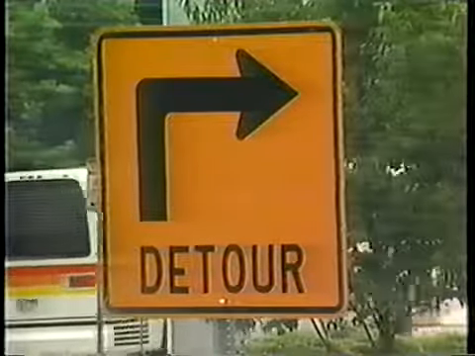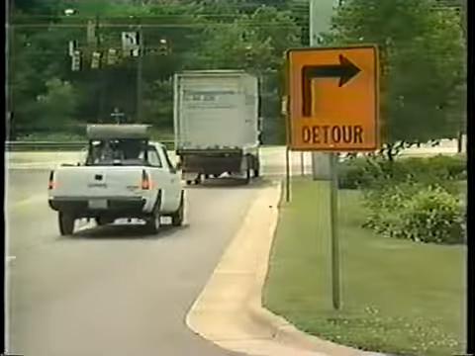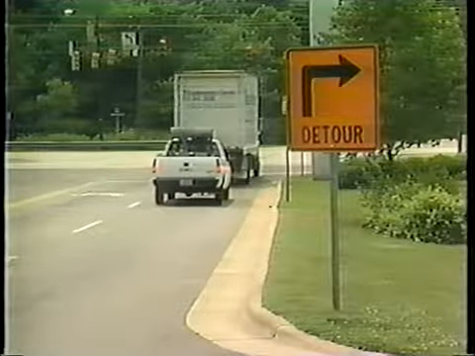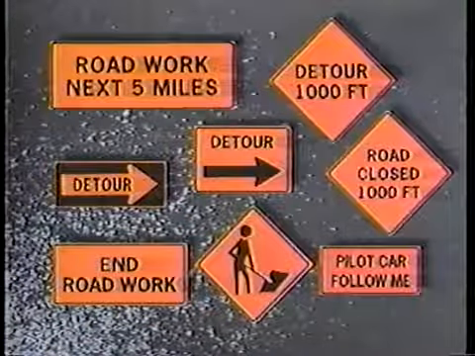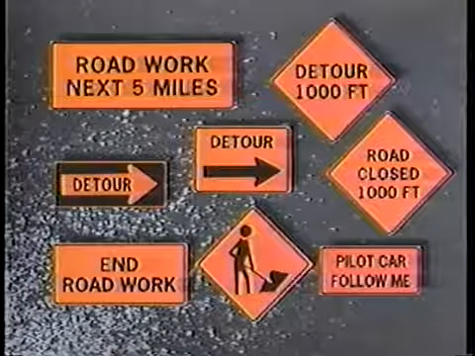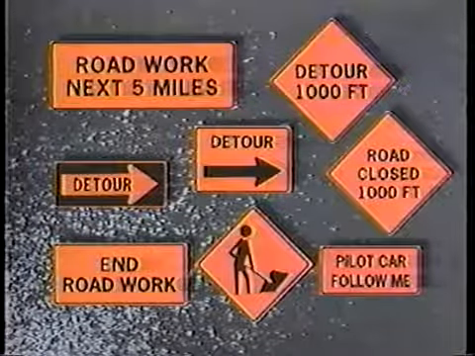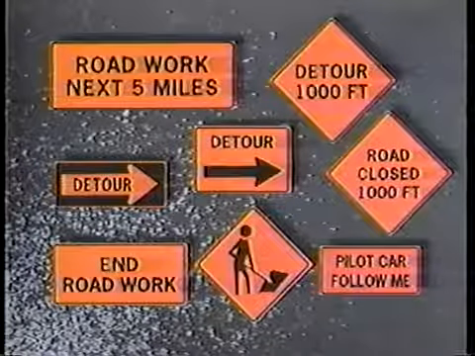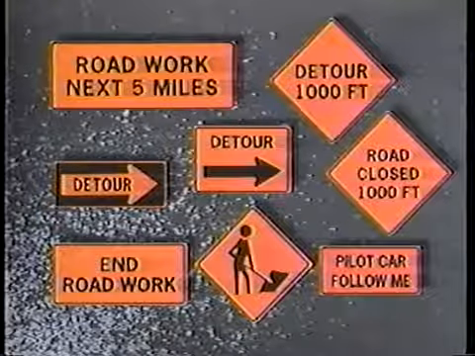Directional signs and street name signs are used with detour routing and may have a black legend on an orange background. Special information signs relating to the work being done also have a black message on an orange background. Some examples are road work next 5 miles, end road work, detour, pilot car follow me.